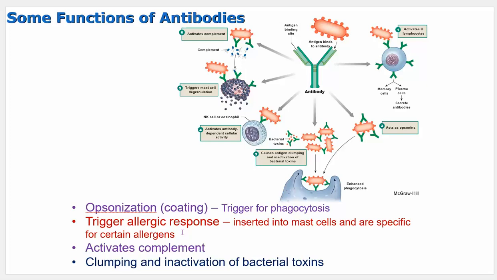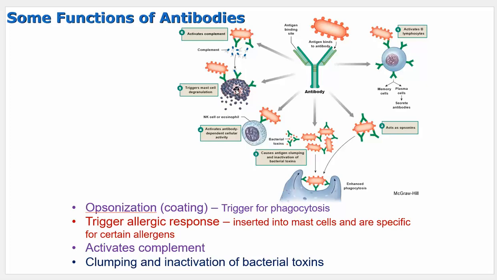And so what it does is it will cover mast cells. Mast cells are a type of cell that tends to hang out in mucous membranes near the surface, that kind of thing. And if it has these antibodies on it, these are called IgE antibodies. We'll talk about that.